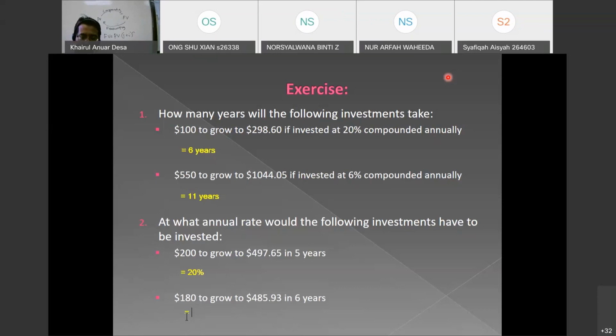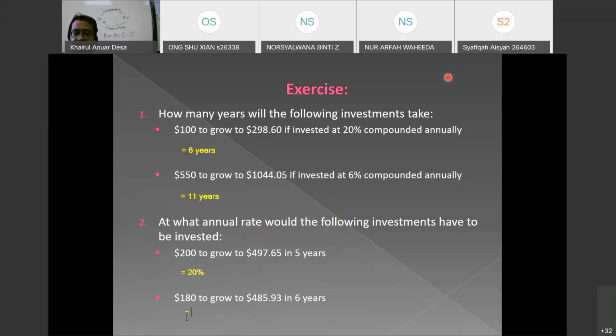Untuk yang terakhir berapa persen? Cepat, cepat, cepat. Sebelum saya panggil nama.